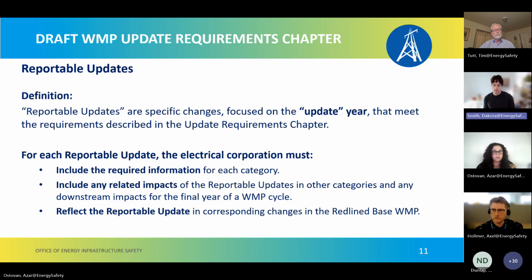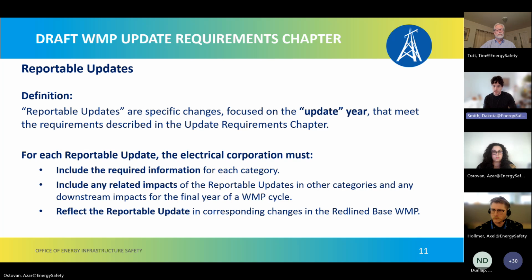Just keep in mind that each reportable update category has its own requirements of what is an allowed update and how it needs to be defined in that category. So keep that in mind as we walk through each of those sections in a bit.